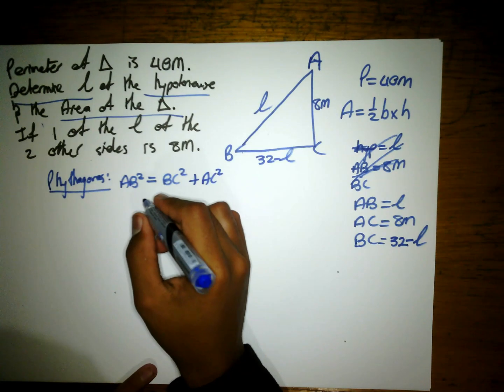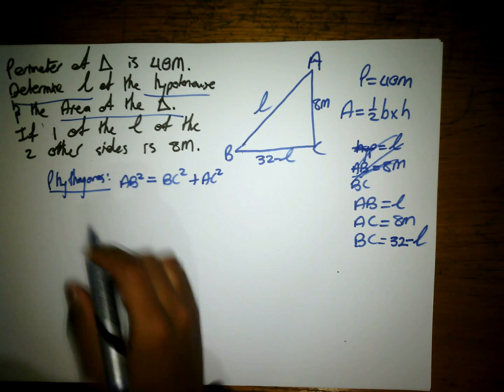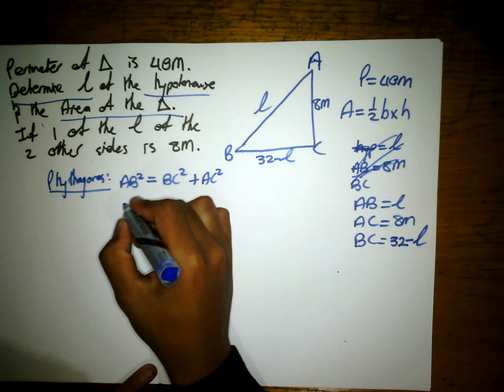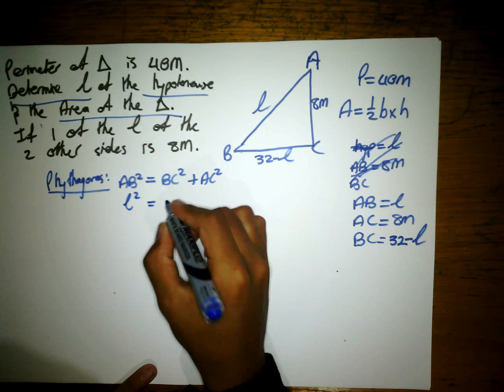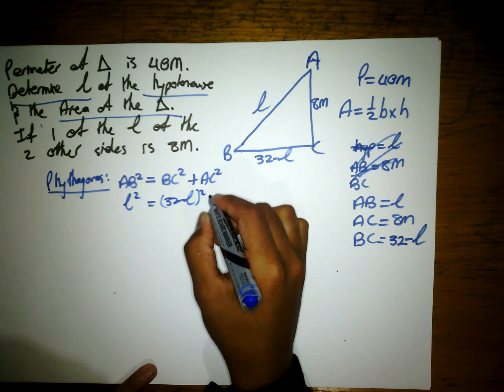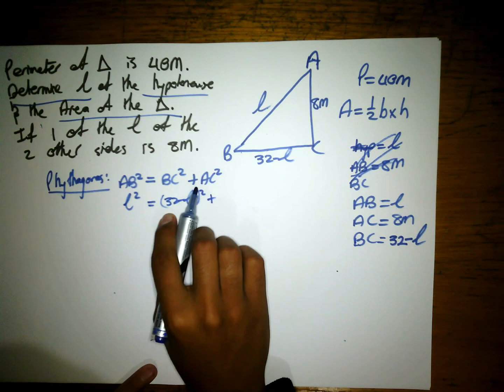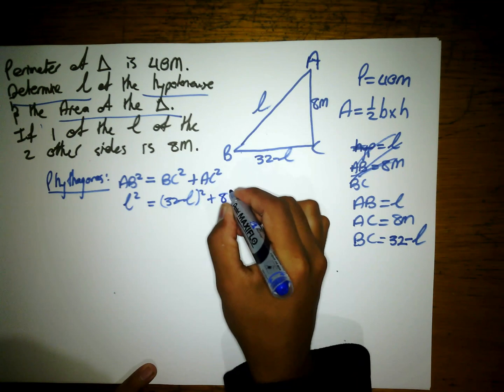Now all we do is we substitute in our values. So AB is L squared equals BC, which is 32 minus L squared, plus AC, that is 8 squared.